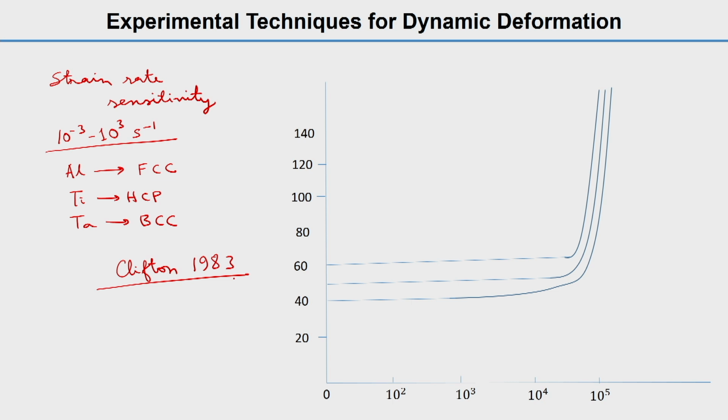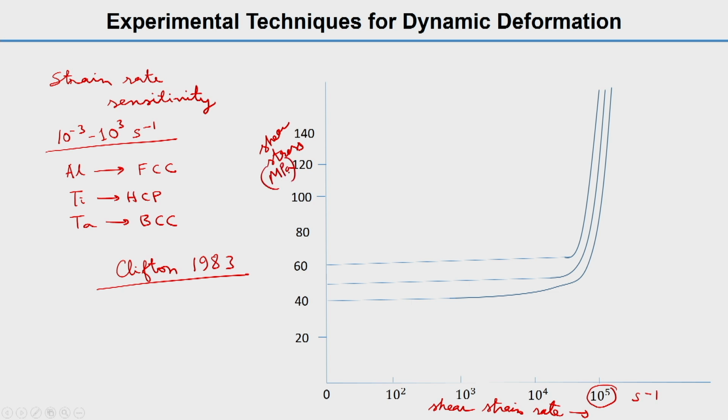What this report says is what happens if you increase the strain rate to a very high value. This is shear strain rate, by the way, and on the y axis we have shear stress in megapascal.